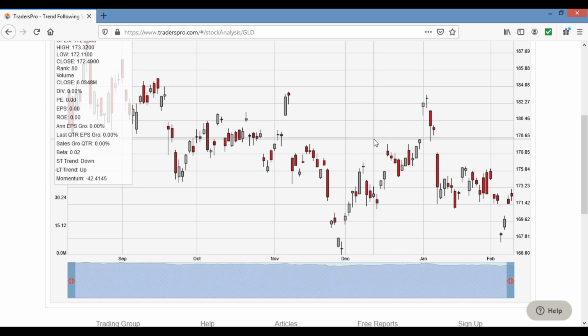Another thing to keep in mind too is that with the move into gold based on anticipation of inflation, Bitcoin is becoming a competitor on that trade, where people are diversifying a little bit into Bitcoin, kind of the same way they would go to gold with the expectation of inflation.